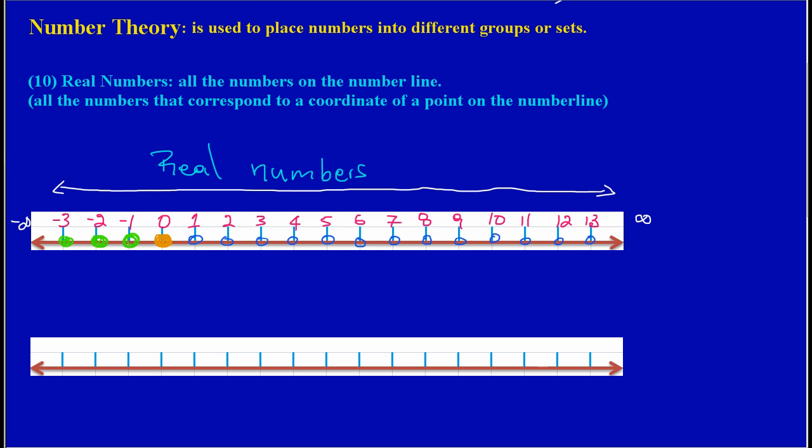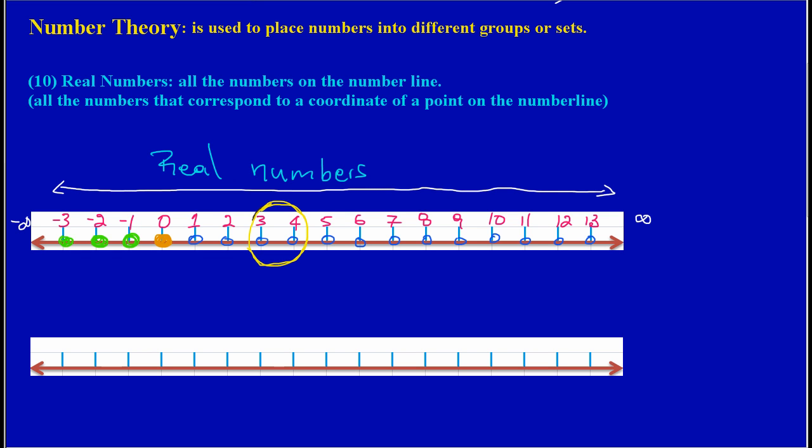Now let's say I took my magnifying glass and placed it over this region on the number line between 3 and 4. Let me draw that quickly. Let's say I am circling this area here, the area between 3 and 4 on my number line.